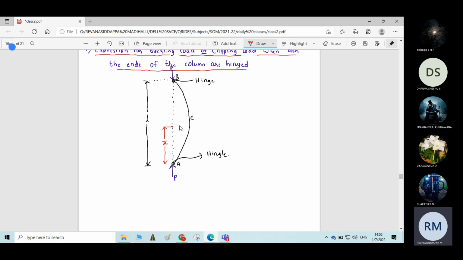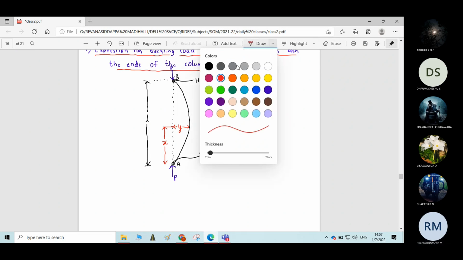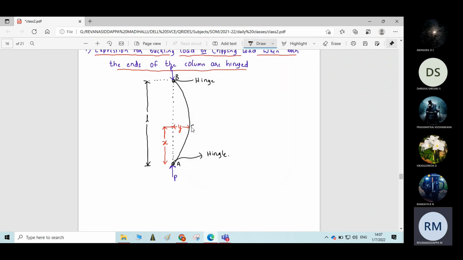Let y be the deflection at that particular section. Y is the deflection at section x. You mark that point C here.